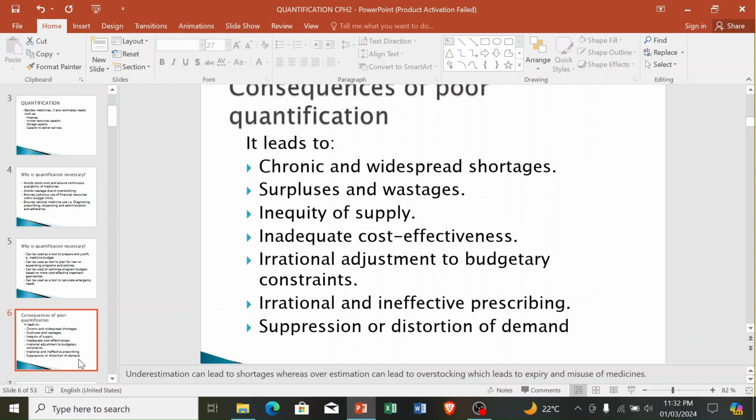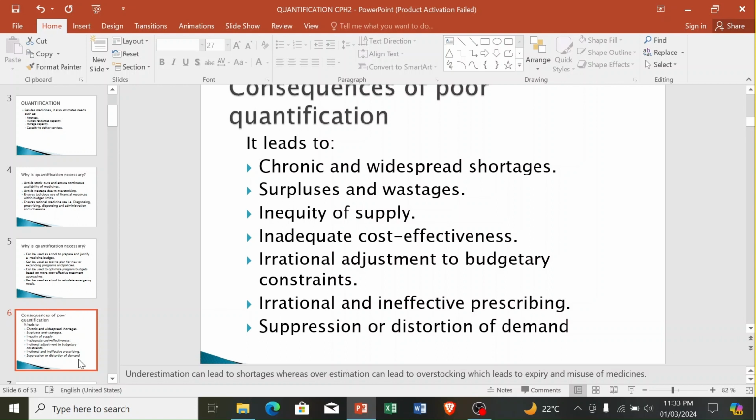And then it leads to inequity of supply. So we see that there is no equitability. We are not creating a balance, because some of the things may take much of the prices or much of the money compared to others. One specific department may draw the money and leave out what is more necessary.